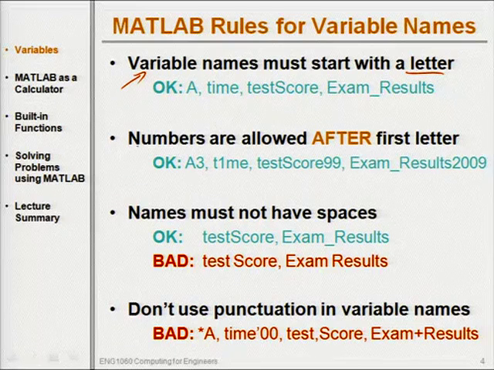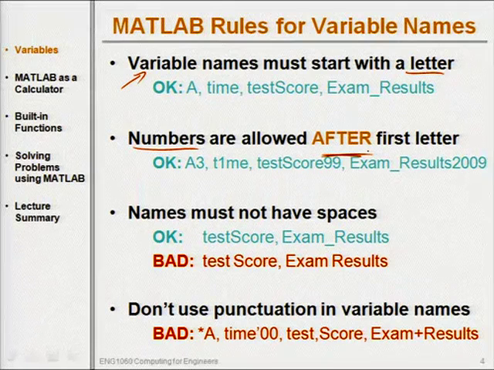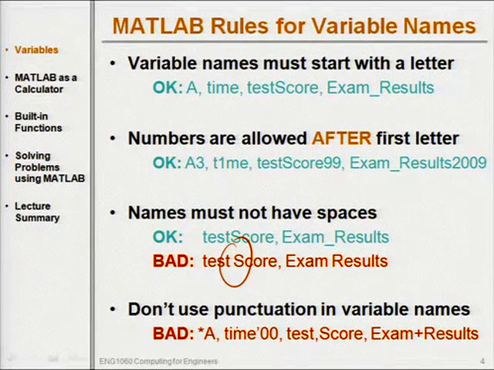Rule number two is you can put numbers after the first letter. Once you have the first letter, it doesn't matter. You can put numbers if you want, that's fine. Rule three is the names must not have spaces. For example, if you're writing test score, you can write them together, that's fine. If you put a space, MATLAB will not like it, and it will run into an error.